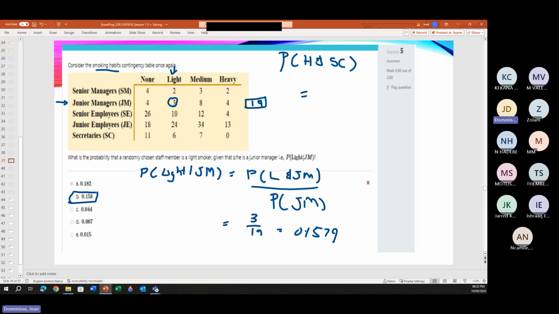The probability of heavy and secretary is 0, so 0 divided by how many there are. Let's quickly get the right number. 4 plus 2 plus 3 plus 2, that was 11.